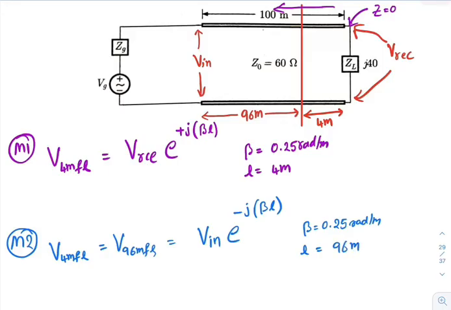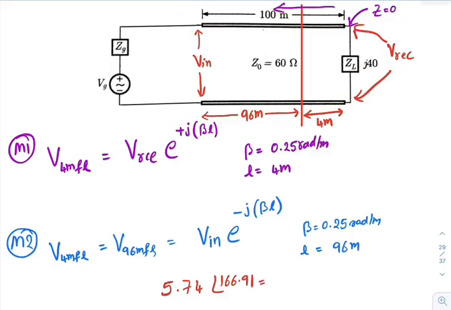Since we already calculated the voltage at the receiving end and V in, upon substituting either in the first method or in the second method, you will get the same value, that is equal to 5.74 angle 166.91.